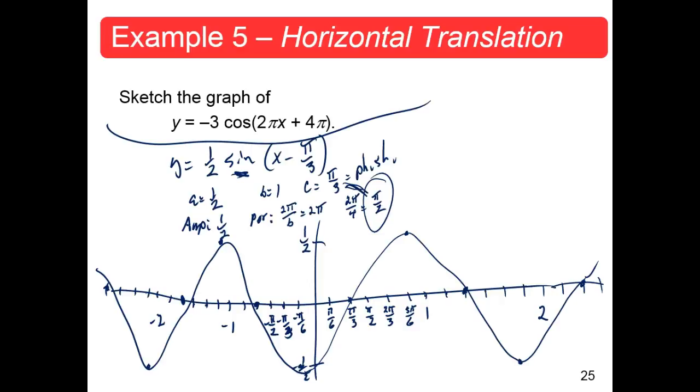Okay? Identify your parameters. A is 1/2, that's related to amplitude, which is 1/2. Where you go plus or minus that on the y scale. The B is 1. That's related to the period, which is 2 pi over B, which is just 2 pi. That's your period, 2 pi. By the way, this is pi here and 2 pi.